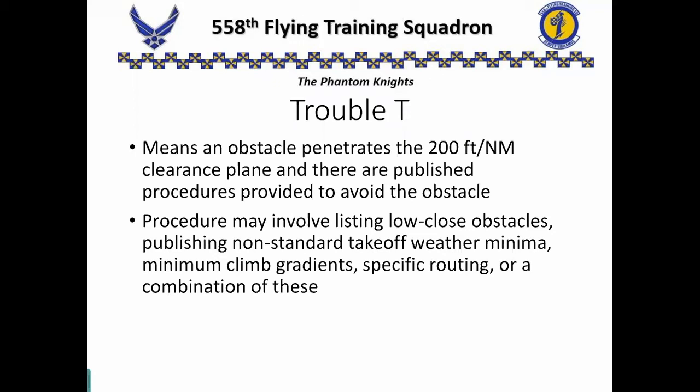It could be as simple as listing the low close-in obstacles so we can plan our own avoidance. It could be publishing non-standard takeoff weather minimums, minimum climb gradients, specific routing, or some other combination, and there are a few other things we could do.